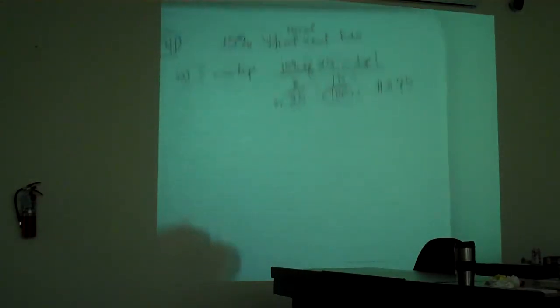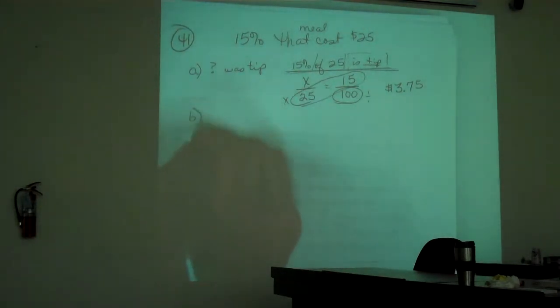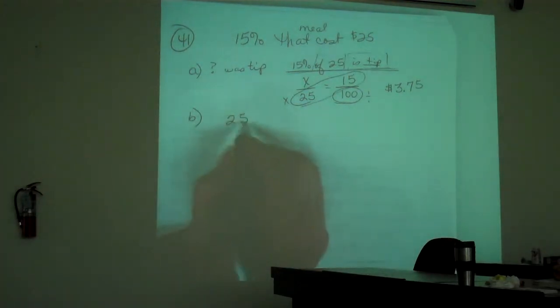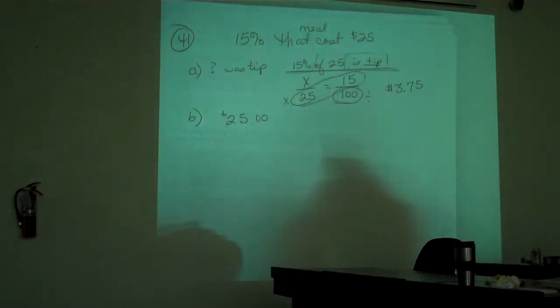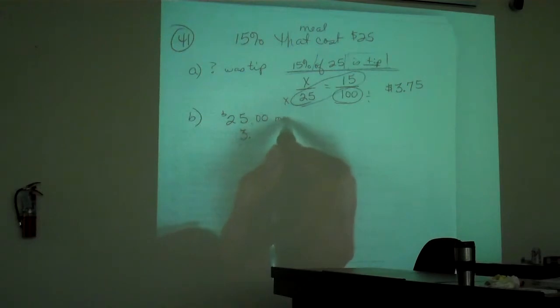Okay, the B part says what was the total cost of the meal including the tip. So the meal plus the tip is your total cost of the meal including the tip. So there's your meal and your tip.